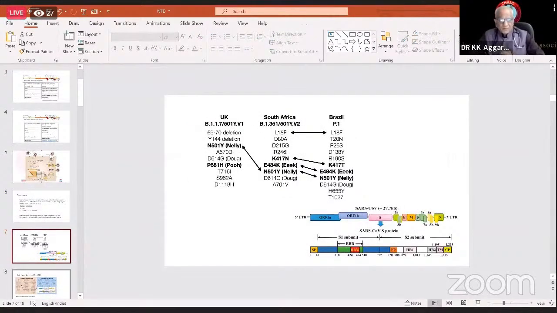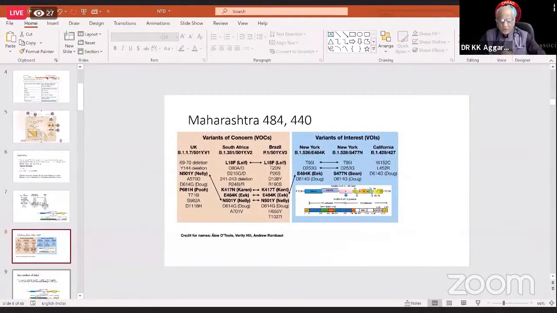These are different types of strains occurring in UK, South Africa, Brazil, and then we have New York 2, and California. Then we have Indian strains. So all these strains are coming, and our focus has been on RBD and RBM.